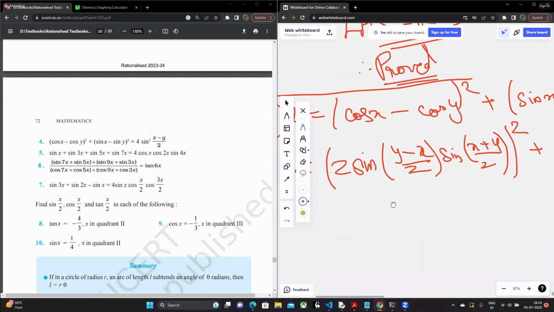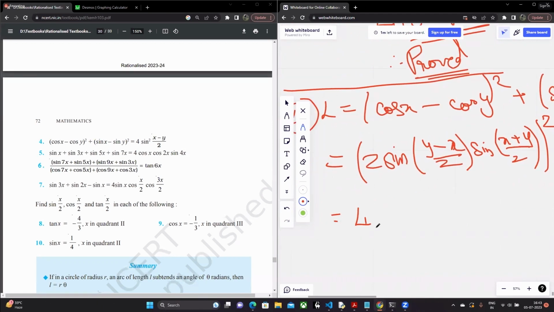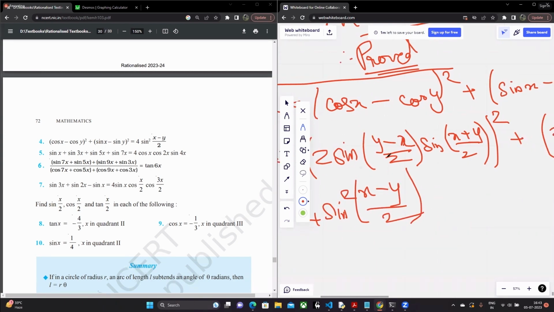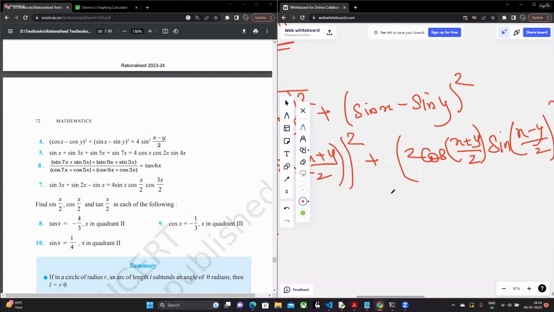Right? So I can basically state 4 sin squared of (x minus y) by 2 to be common out. Because if I square sin of (y minus x) by 2, taking a negative outside is not going to make any difference because minus 1 the whole square is again plus 1. Yeah. So I can basically take this common out.